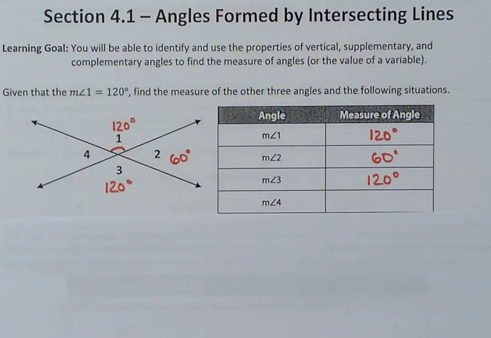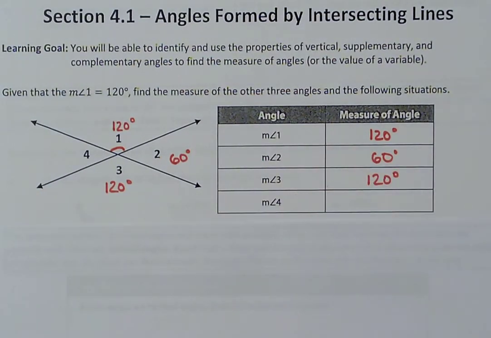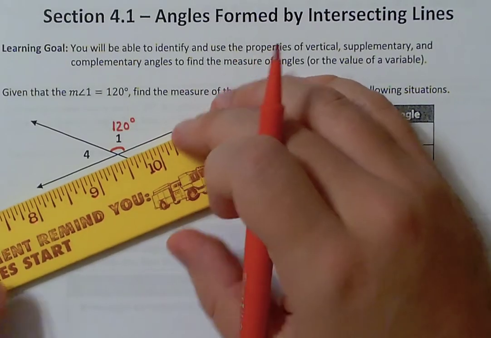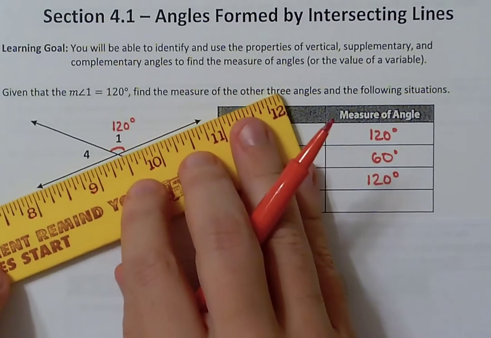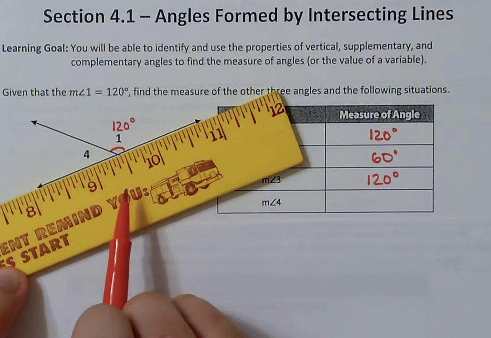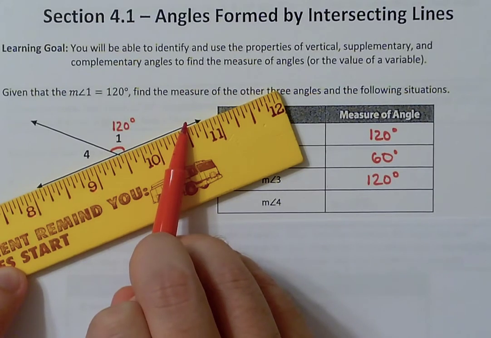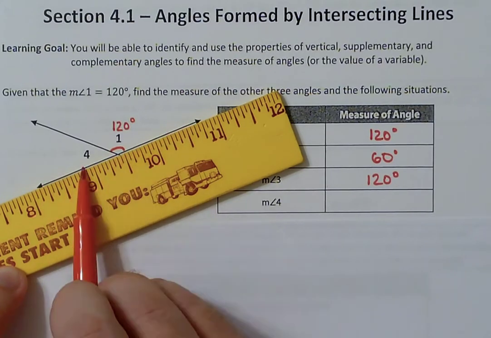And then if I carry the same thing for angle 4, let's use angles 1 and 4. If I cut out 2 and 3, angles 1 and 4 form a straight line, like we saw for the other two situations. Because these form a straight line, they need to add up to be 180.